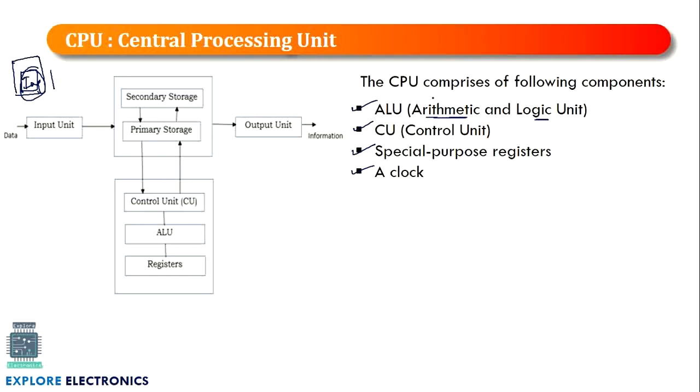Arithmetic operations means addition, subtraction, multiplication, like that. Logic operation means if you want to change 0 to 1, if you want to use an AND gate, or if you want to shift the values, the logic unit does that.